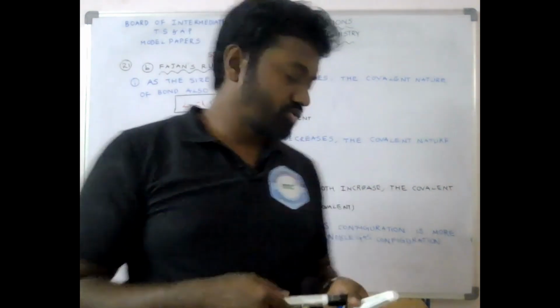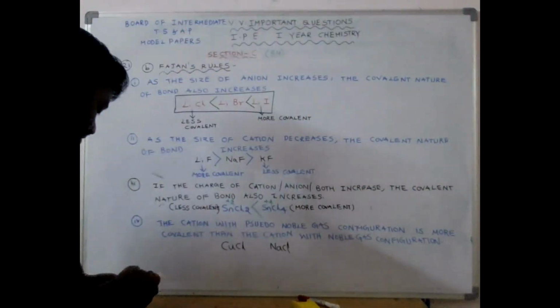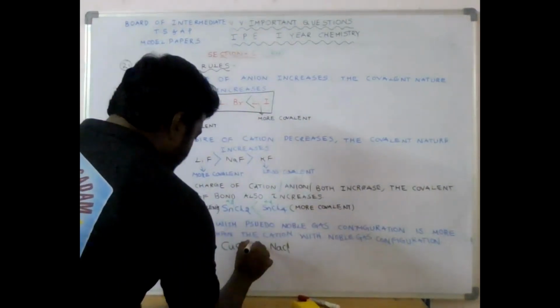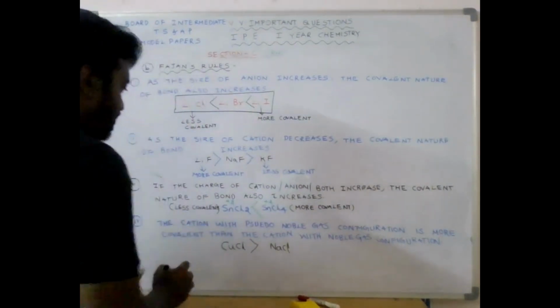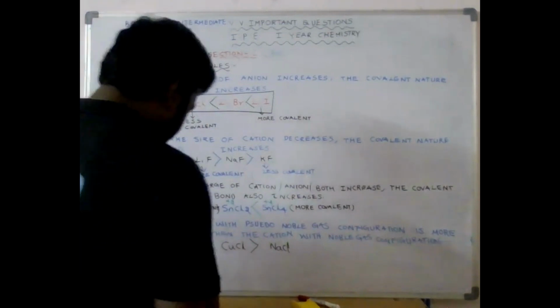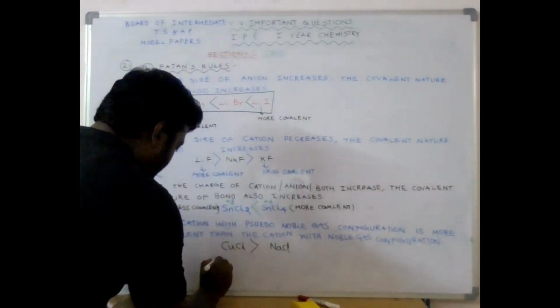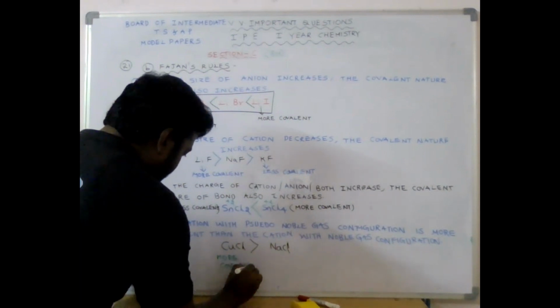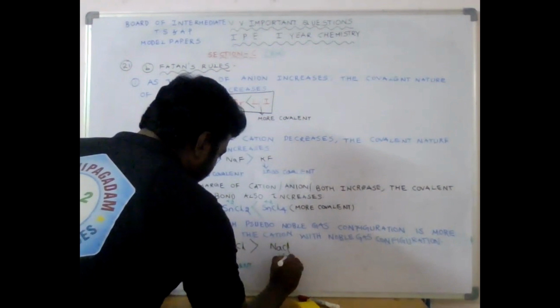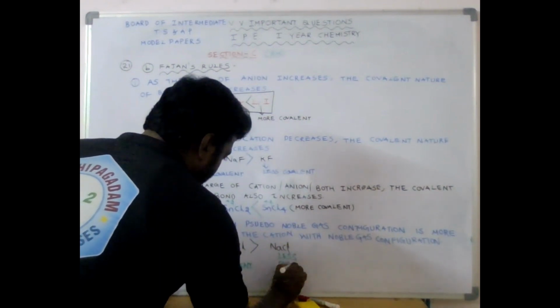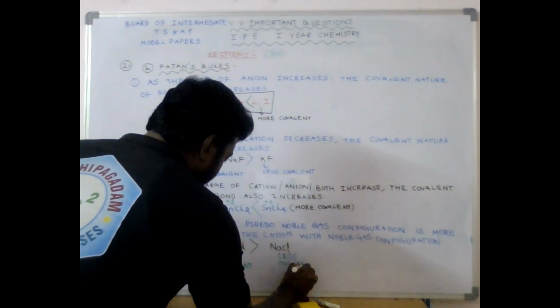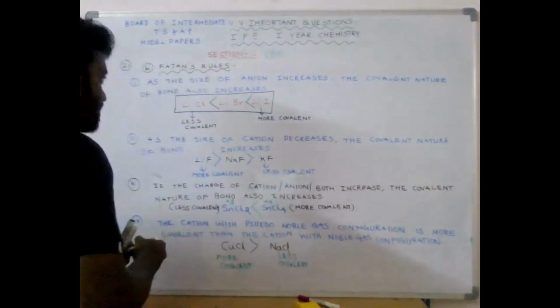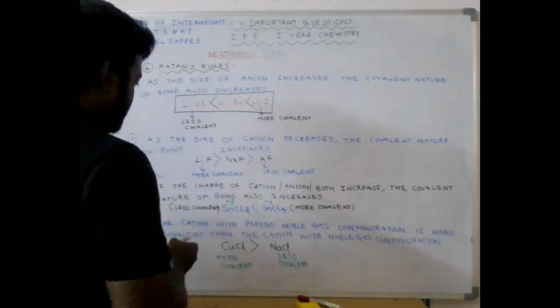So CuCl is more covalent because it has pseudo noble gas configuration. NaCl is less covalent. Why? Because the Na+ cation has noble gas configuration only, not pseudo noble gas configuration.